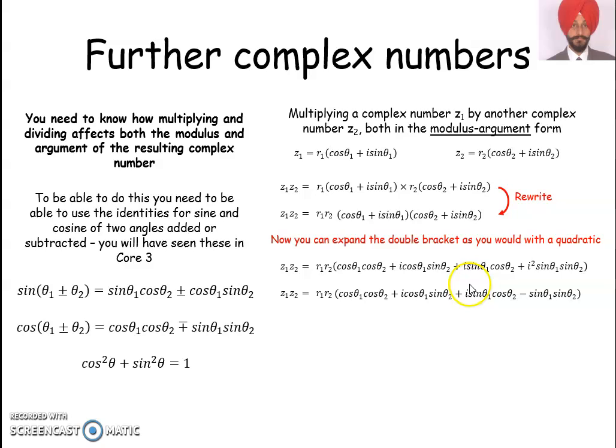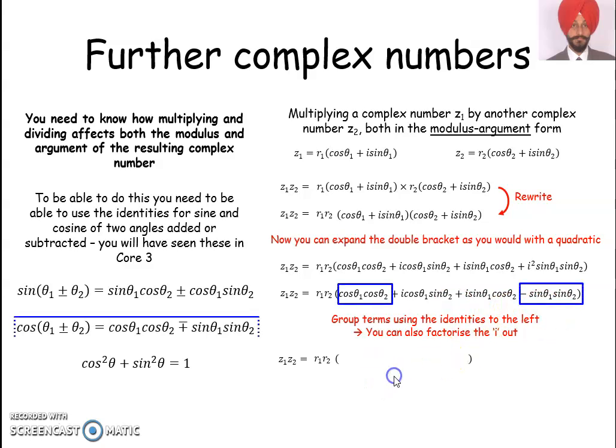This iota square is changed into minus 1. Now group terms using the identity to the left. You can also factor iota out. Yes, z1 into z2 is r1 r2 times (cos theta 1 cos theta 2 minus sin theta 1 sin theta 2).